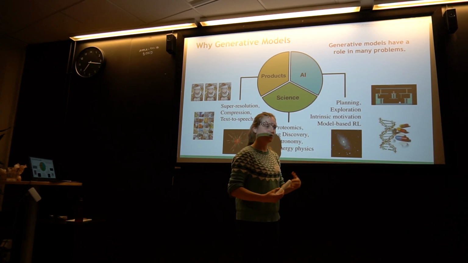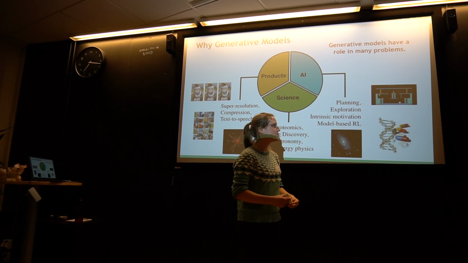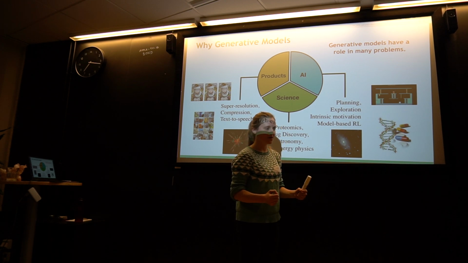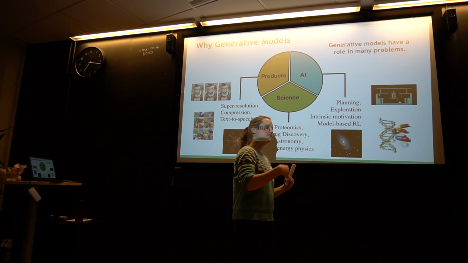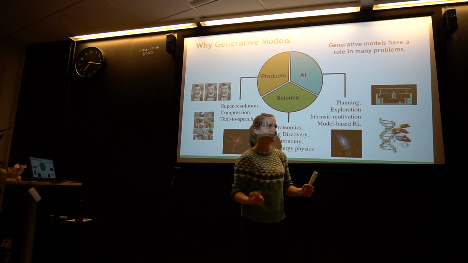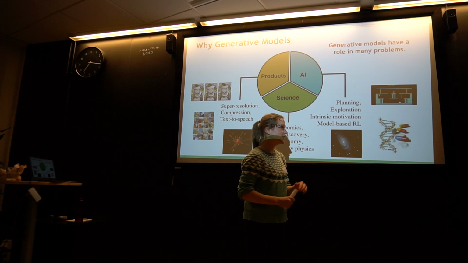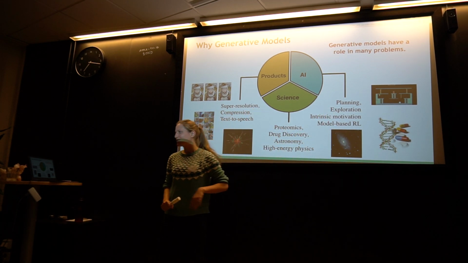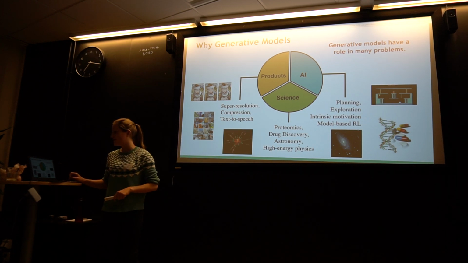So say you have a robot that is supposed to learn how to manipulate an object. It would be super good if it had this generative model that could predict what would happen with the object if it applied some certain action to this object, right?